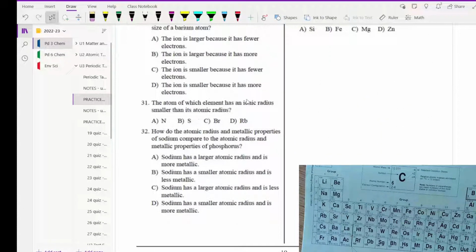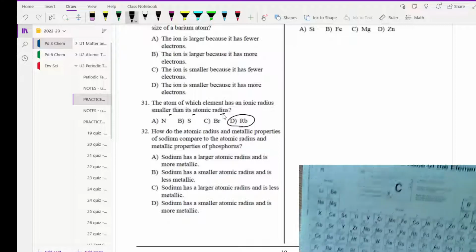31, an atom of which element has an ionic radius smaller than its atomic radius? That's a really good question. It is rubidium. And the reason is because the rest of these all go to negative ions. You can look in their oxidation states.